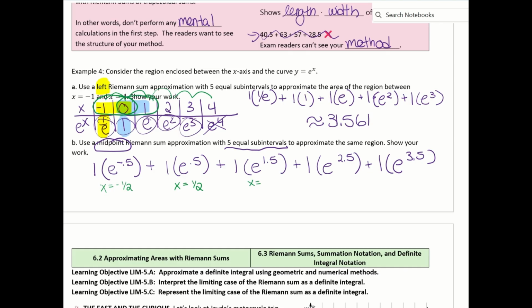Here we substituted x equals 1.5. I don't know why I switched to fractions, because it's halfway between 1 and 2. Here we substituted x equals 2.5 because it's halfway between 2 and 3. And here we substituted x equals 3.5 because it's halfway between 3 and 4. And when you evaluate this, you should end up getting approximately 52.03.